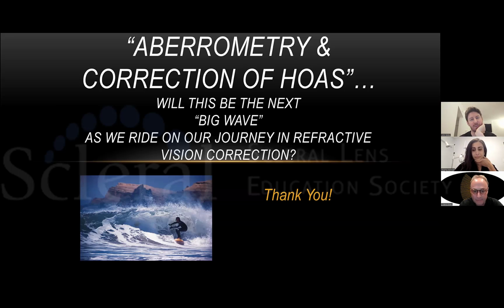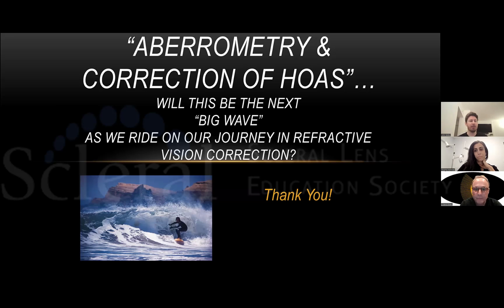So there is one question on here that maybe I'll kind of help with. This is Alan again, which was, are there cutoff values or certain RMS that should make you sit up and pay more attention? The main one is if you look at the individual polynomials. If we're looking at the higher order aberrations, we want to specifically look at coma and trefoil as being the two that are elevated and should cause concern.